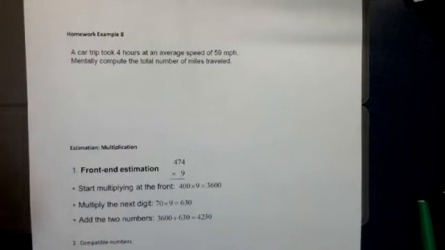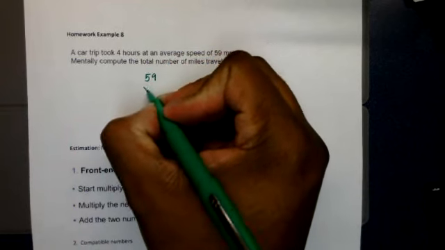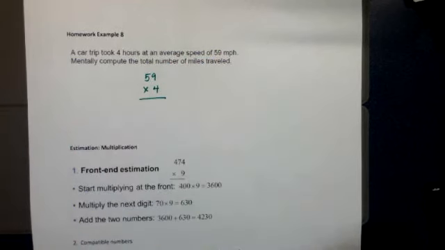So here's a homework example just like that. A car trip took 4 hours at an average of 59 miles per hour. Let's say I want to mentally compute the total number of miles traveled. So I'm going to write this as 59 times 4 and use that technique of front-end multiplying, which means this.